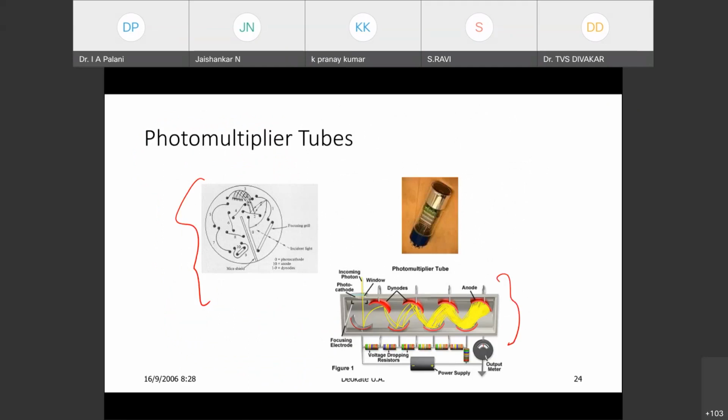For example, you are using a light for some kind of measurement, but unfortunately, when your light intensity is very low, you can pass it up through these diodes. These diodes play a major role in improving the intensity of the light. That is one of the key functionalities of such photomultiplier tubes.